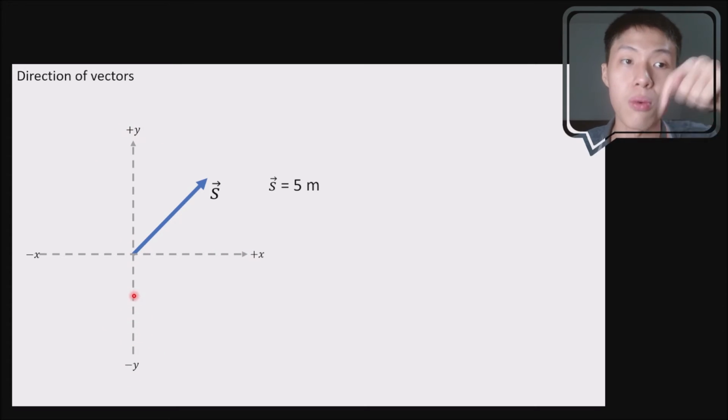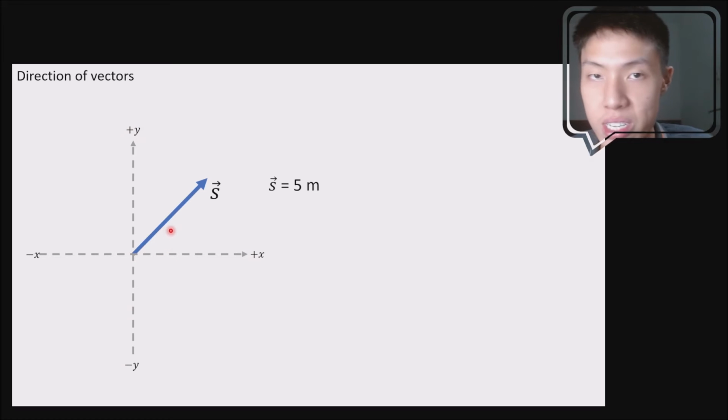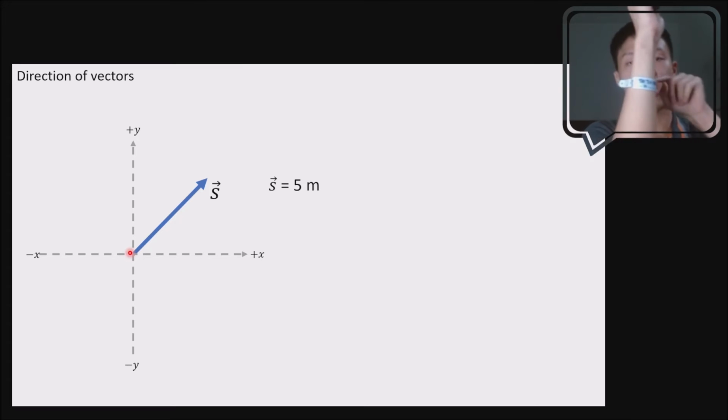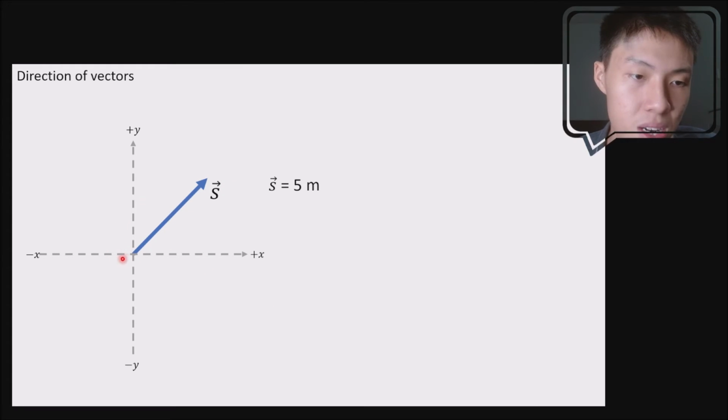Negative y pointing downwards, positive y pointing upwards. What you do is you place your vector arrow with its tail on the origin. In an xy axis, the center of it is called an origin. This is a tail, this is the head. We place the tail at the origin.